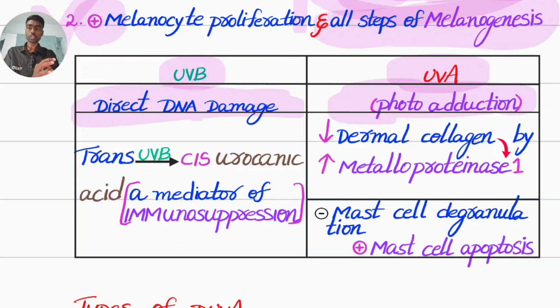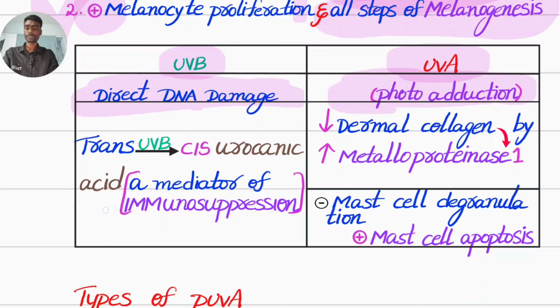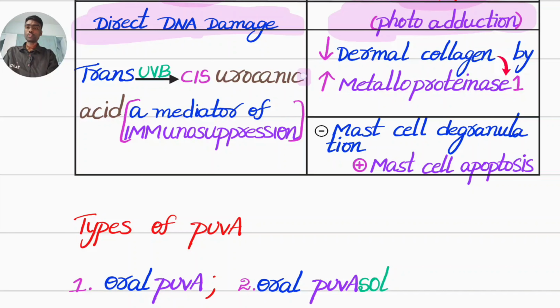It is not like photodynamic therapy, where killing of cells will occur very fast with the use of the photosensitizer porphyrin. That's why very few sessions are okay with photodynamic therapy, but here multiple sessions are needed, so a lot of follow-up is required. Then UVB also transforms trans-urocanic acid to the cis form, which is a mediator of immunosuppression.